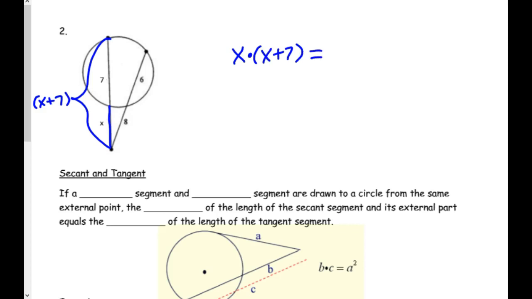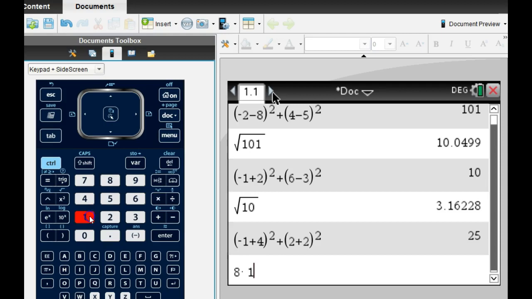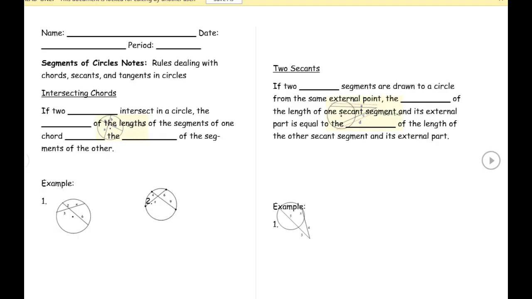All right, and then on the other side, what's the outside? 8 times, what's the whole thing? 14. So x times x is x squared. x times 7 is 7x. 8 times 14 is 112.